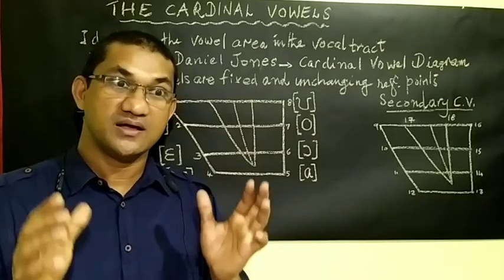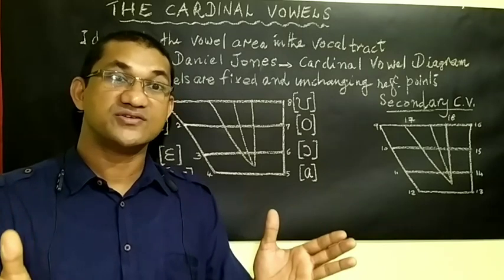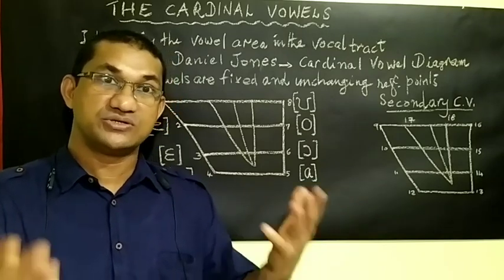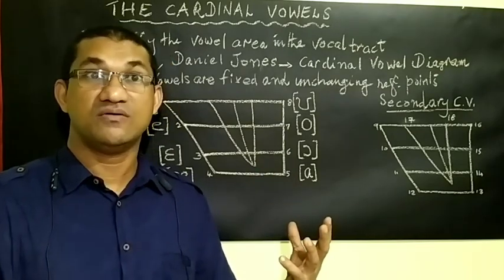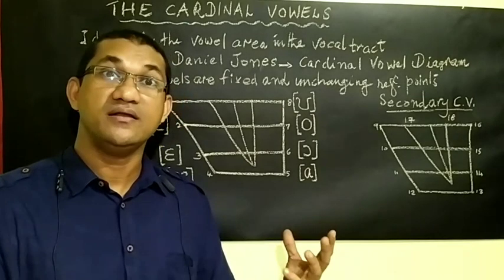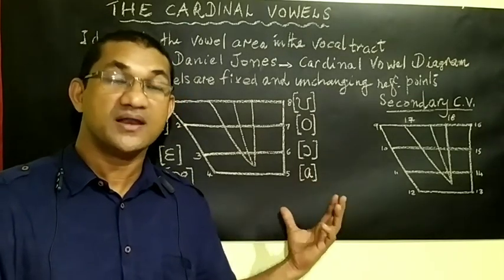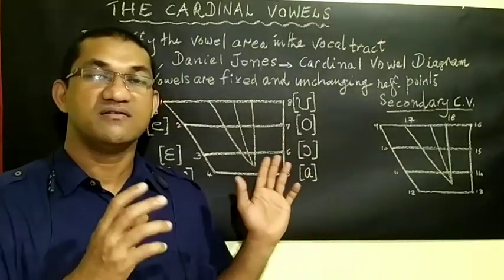Hence we say that cardinal vowels are fixed reference points to locate the vowel quality or articulation dimension in the mouth cavity. Now we are going to look at each of the cardinal vowels.